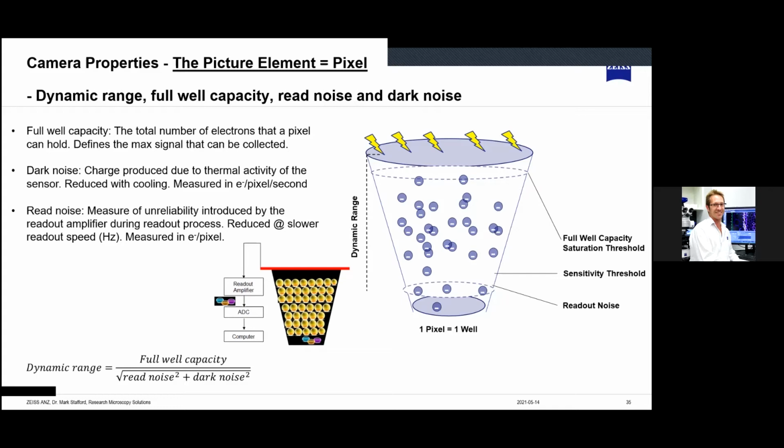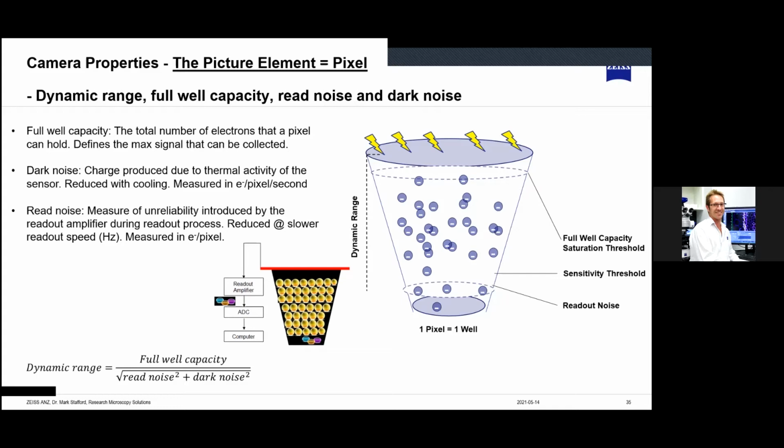Dark noise is something that occurs when the camera warms up, and that's why you find a lot of these cameras will have active cooling down to -20 or even -80 degrees by Peltier cooling to reduce that dark noise. Readout noise is basically just, I guess, the noise of the electronics themselves.